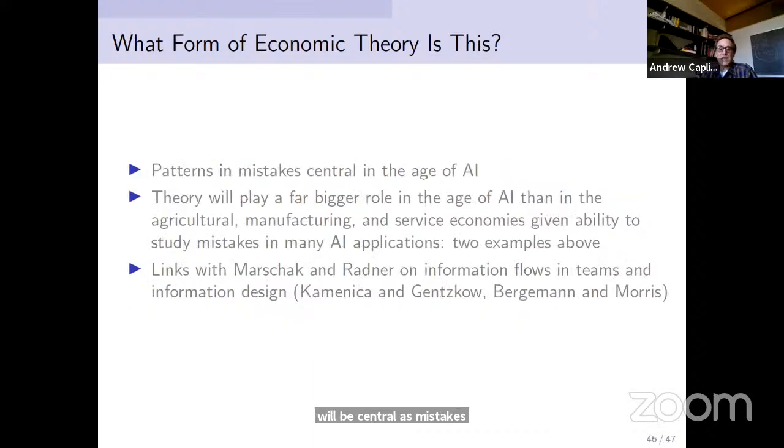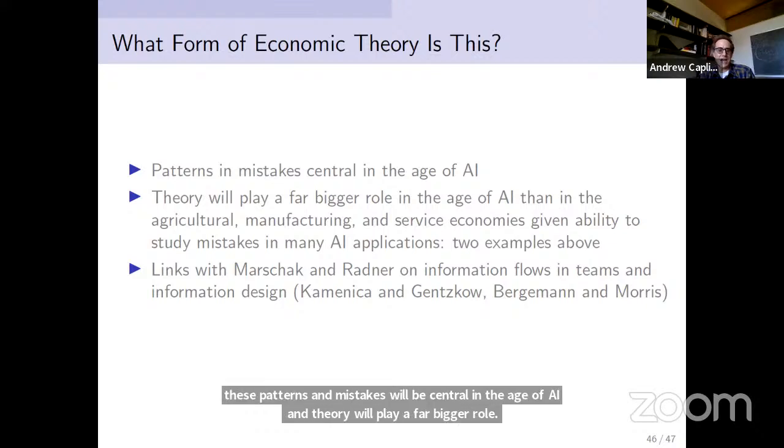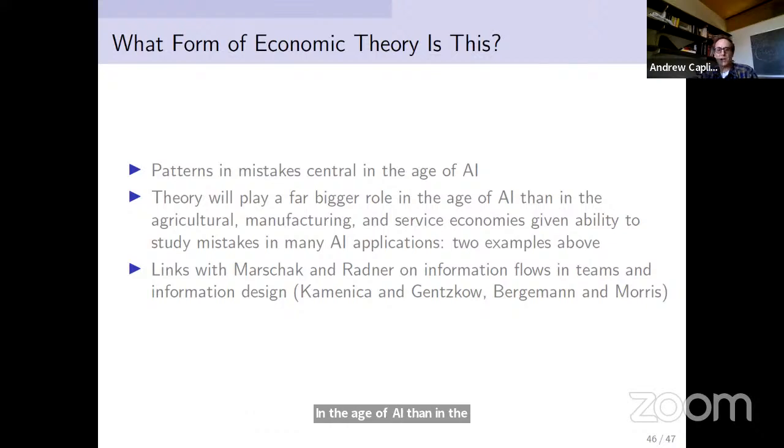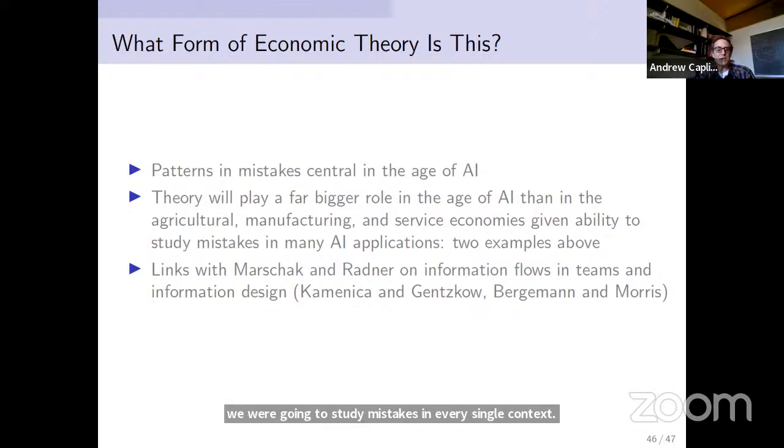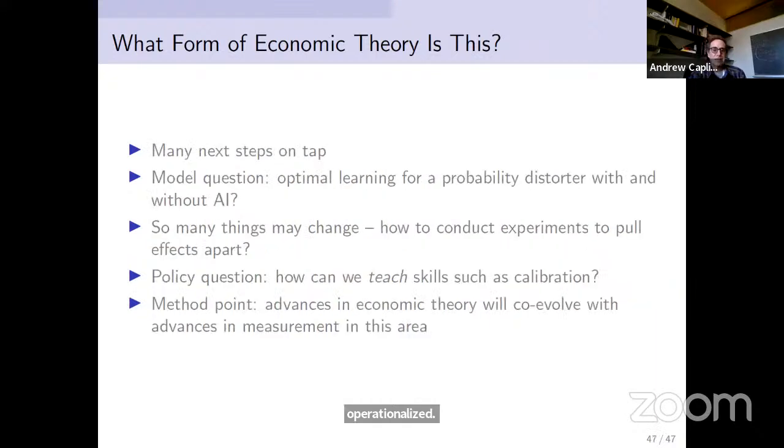And these patterns in mistakes will be central in the age of AI, and theory will play a far bigger role in the age of AI than in the agricultural, manufacturing, and service economies. I mean, we're going to study mistakes in every single context. This is going to link with Marschak and Radner on information flows in teams, which can now be really operationalized, and studies of information design. And there are many next steps on tap.